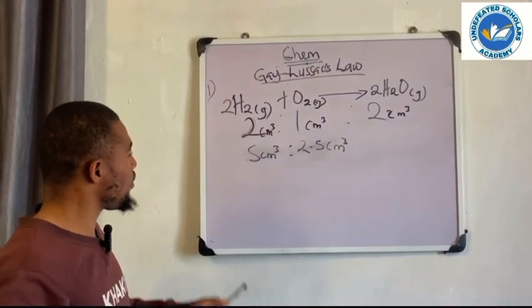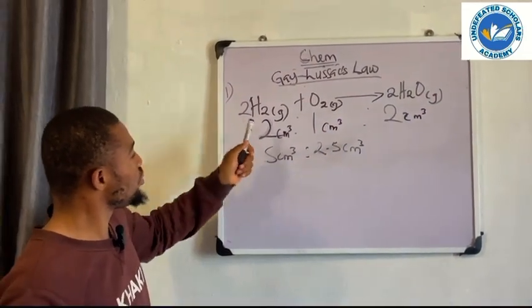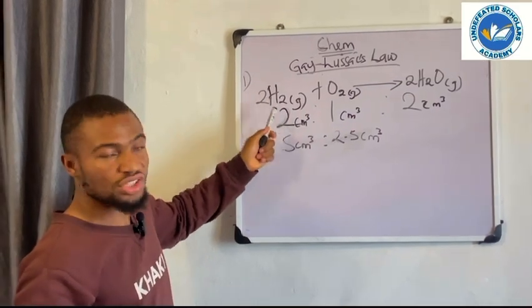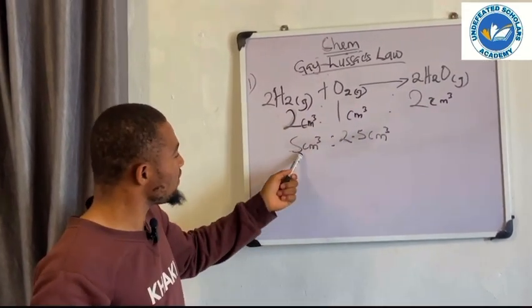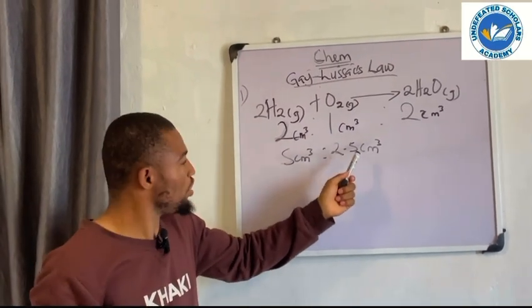So do you understand the concept? For every 2 cm³ of hydrogen, there will always be half of it for oxygen, which is 1 cm³. So if there's 5 cm³ here, it's going to be 2.5 cm³ of oxygen.